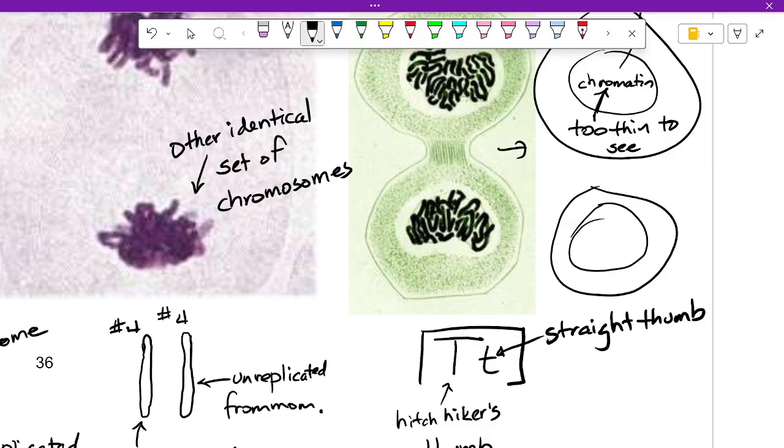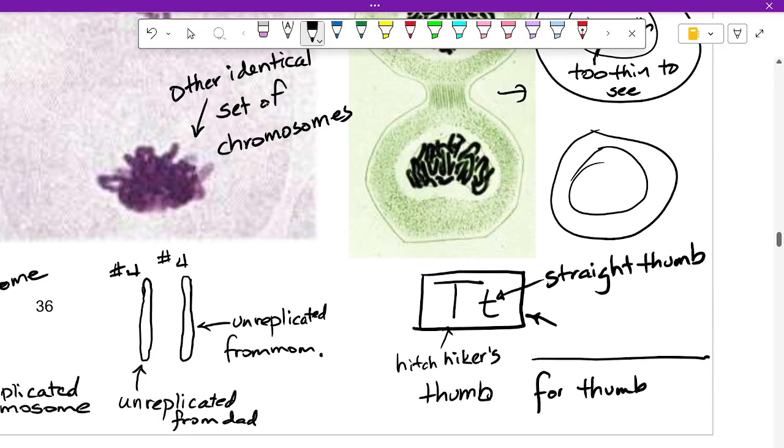If those were the two alleles you had, we would say that you are... what's that word that we say when the two alleles are different?